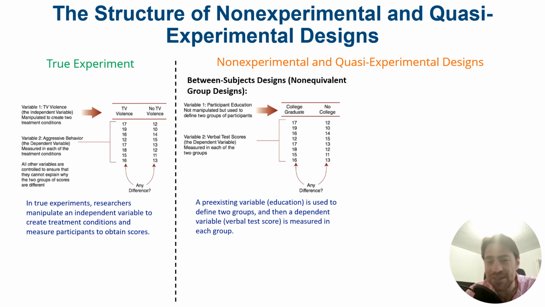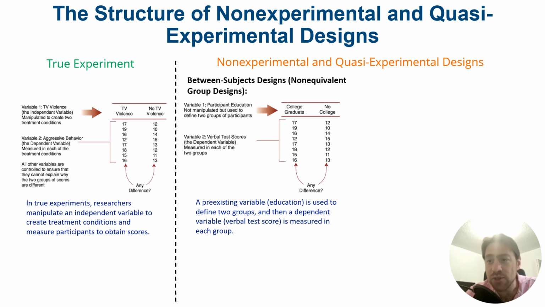So unlike a true experiment, here the independent variable is not being manipulated. You are not assigning people to go to college or to not go to college. Instead, you're finding people that already meet that criteria.